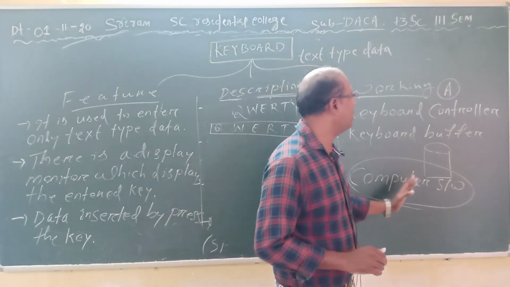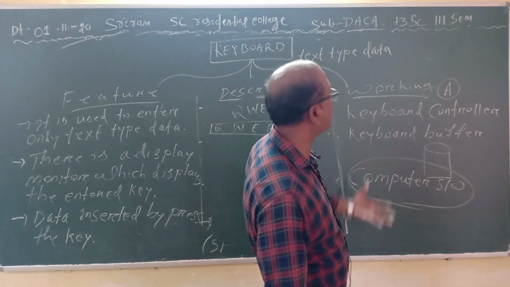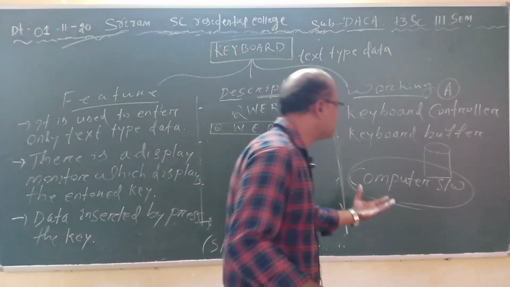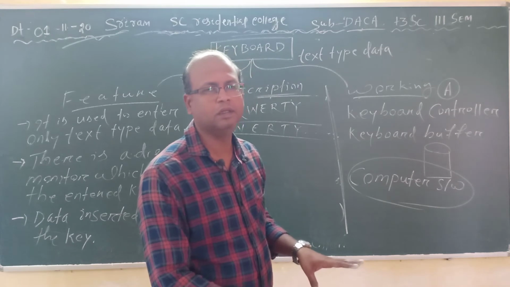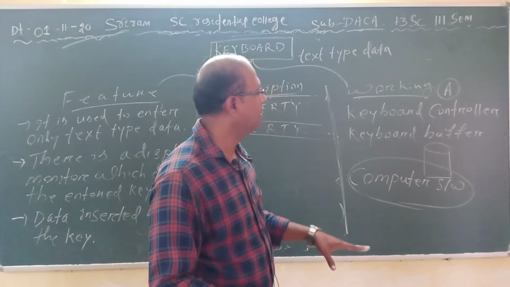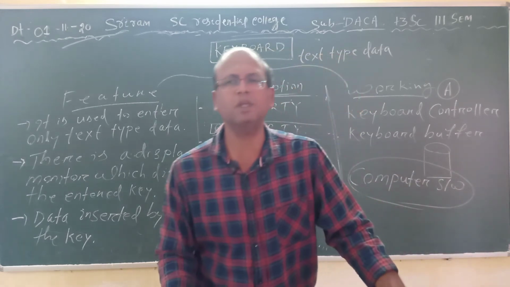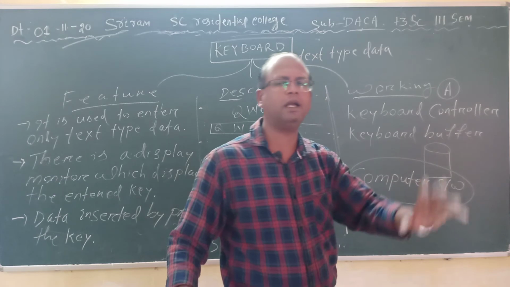When the keyboard controller informs the computer software that something has happened on the keyboard, the computer software starts its job, and immediately alerts the system software after transformation of the data.